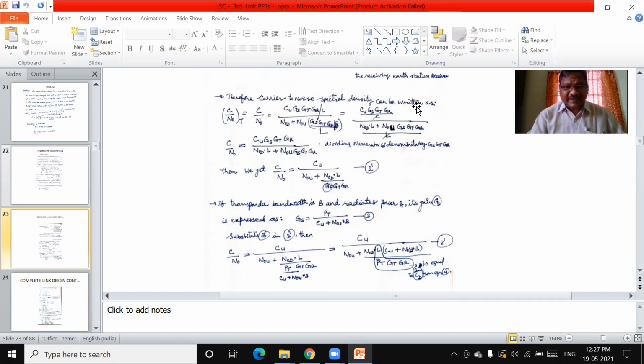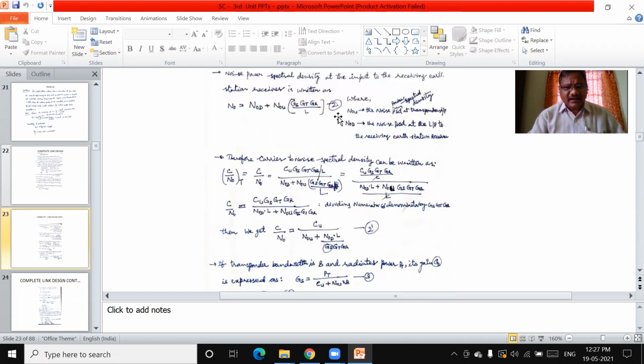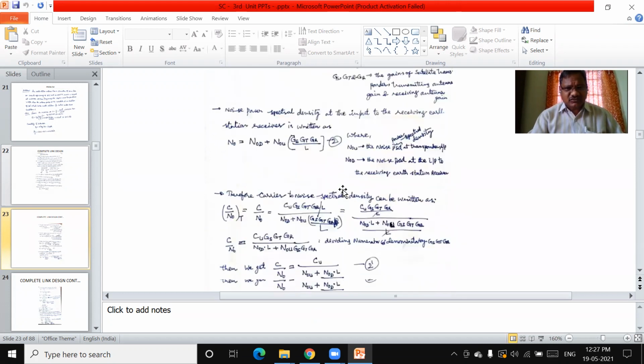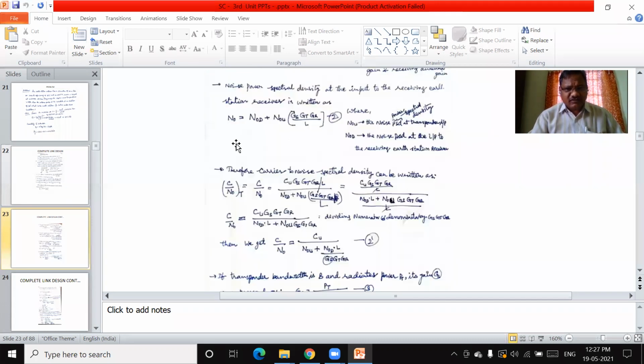Therefore, carrier to noise power spectral density C by N naught T, or otherwise C by N naught, is equal to CU, that is nothing but equation 1 by equation 2, which will be the carrier to noise power spectral density.